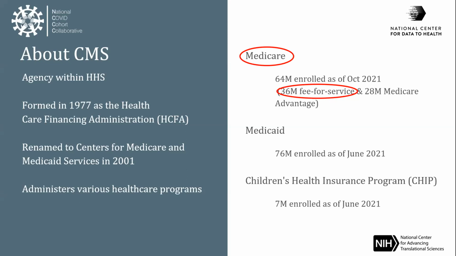Because of that, over the past 10 years, but even more recently, there's been a huge push to move Medicare people off of fee-for-service and onto Medicare Advantage. What we have circled in red is Medicare fee-for-service. These numbers are from a little over a year ago. It may be that Medicare Advantage eclipses fee-for-service now this year, I'm not sure, but we're certainly moving in that direction.